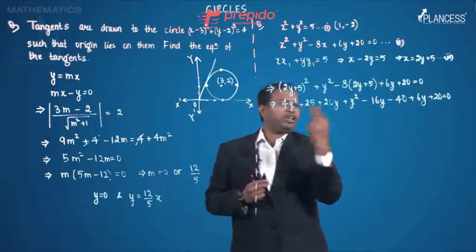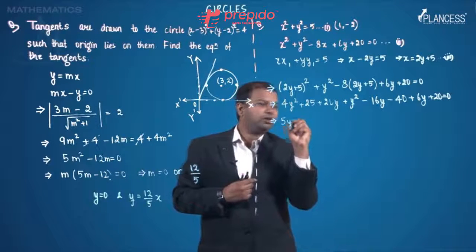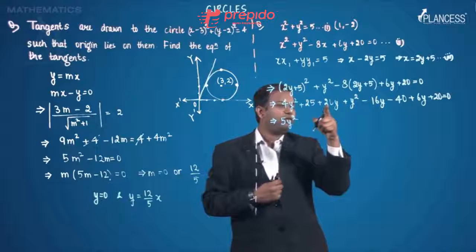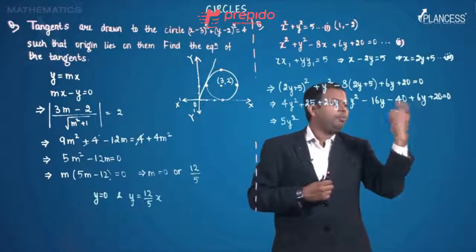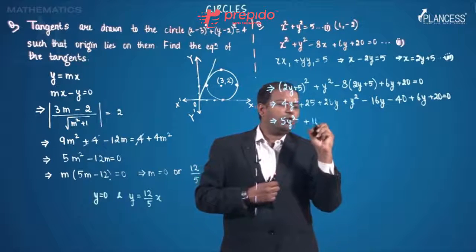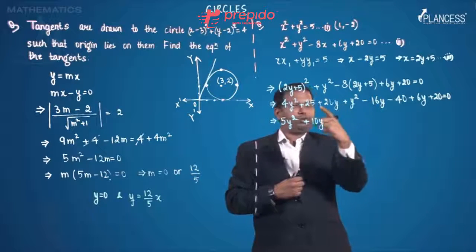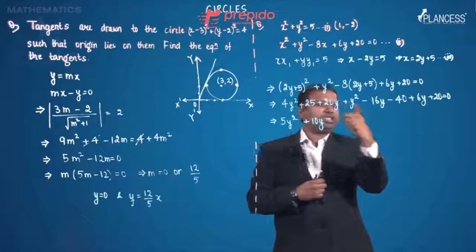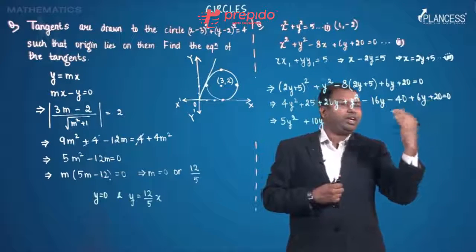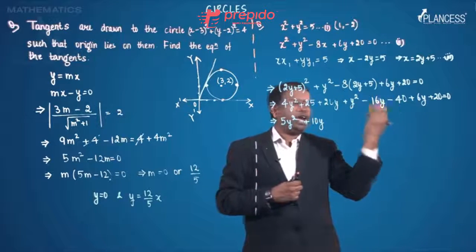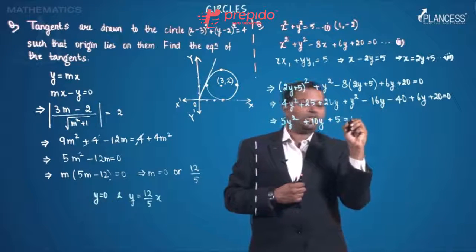So, we have y square here and y square here, that makes it 5y square. Now, we have 20y minus 16y, that makes it 4y plus 6y, that makes it 10y. So, now what remains is the constant term. So, minus 40 plus 20 gives us minus 20, and plus 25 gives us plus 5 equal to 0.